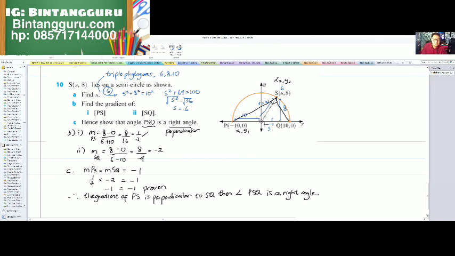It's really important in mathematics, because mathematics is not only about calculating. You also have to show your sentence. If you want to show, what is the sentence you have to write? This is also correct, proven, but you also have to write your assumption: because the gradient of PS is perpendicular to SQ, then PSQ is a right angle.